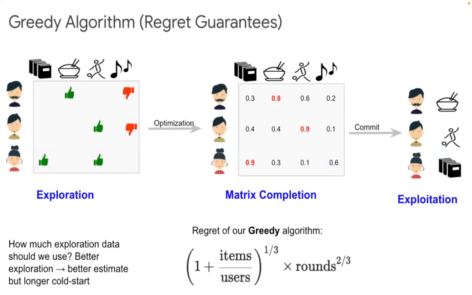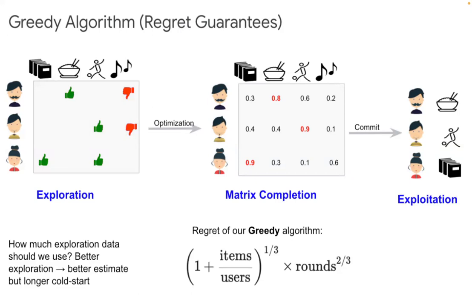Now, this is important because even if the number of users and the number of items are very large, as long as the ratio is small, we are in business. Okay. This is also intuitive because even if the data per user is very limited, if the number of users is very large in the system, then we can get a lot of data in a small period of time.